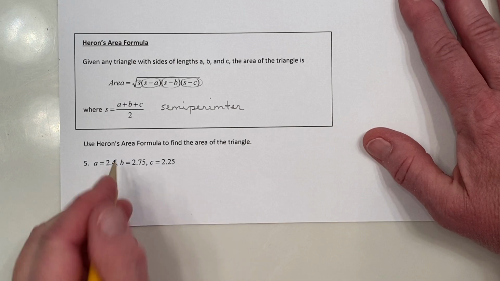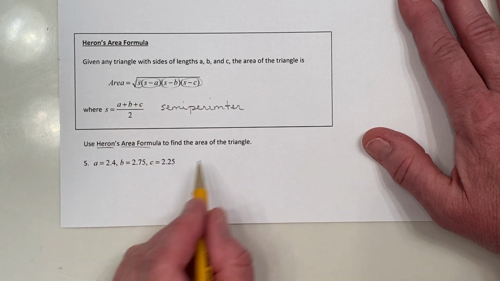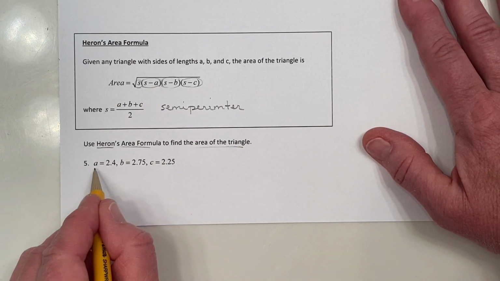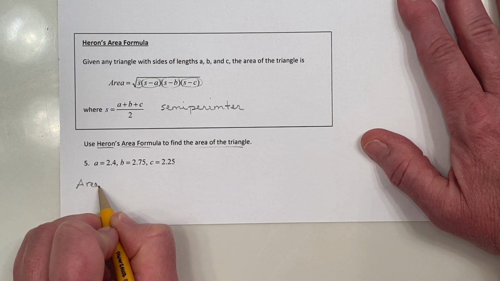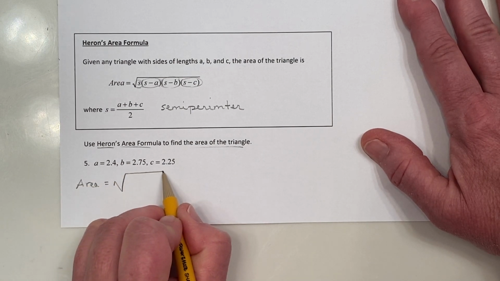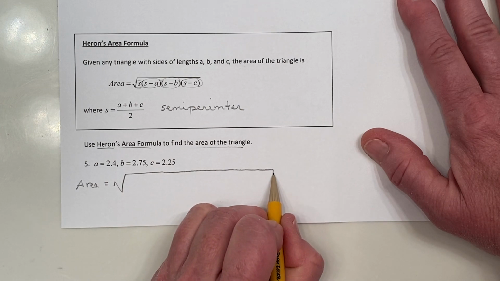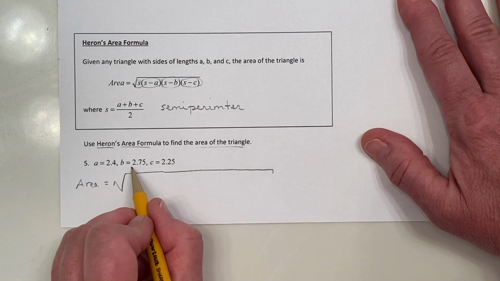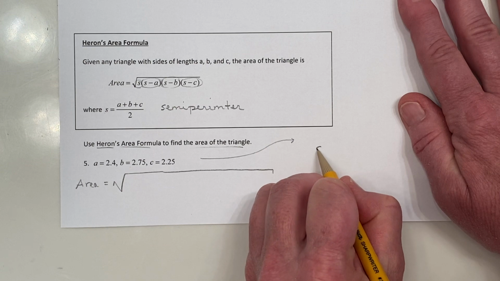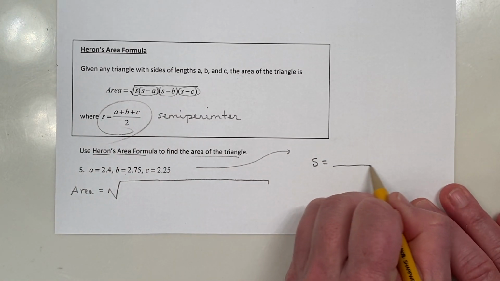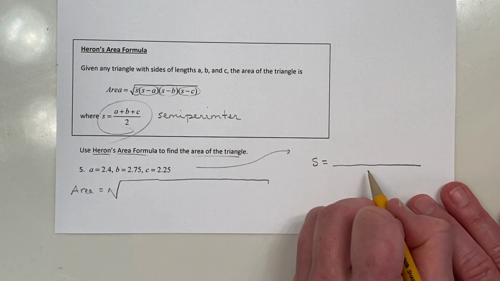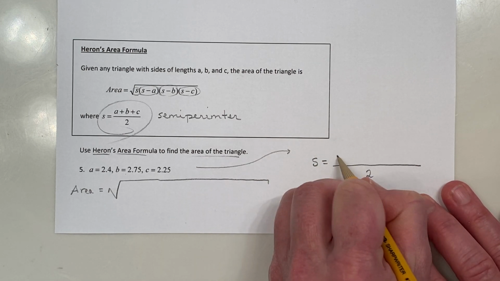All right, so let's use Heron's area formula up here to find the area of the triangle with given information. It's going to take a big radical. The first thing I need to do is find what S is. So here's your formula. Let's add A, B, C, and divide by 2.